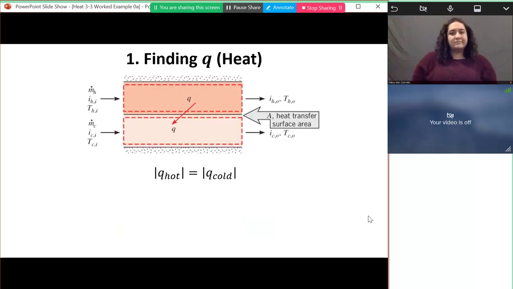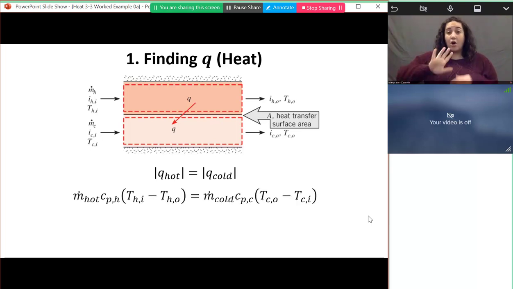So here we might remember from thermodynamics or from our lecture on Tuesday that all of the heat that comes out of the hot side of our heat exchanger goes into the cold side. So if we assume that there's no phase change in the fluid, then we can say that the heat on either side is going to be m dot times the specific heat times the change in temperature.